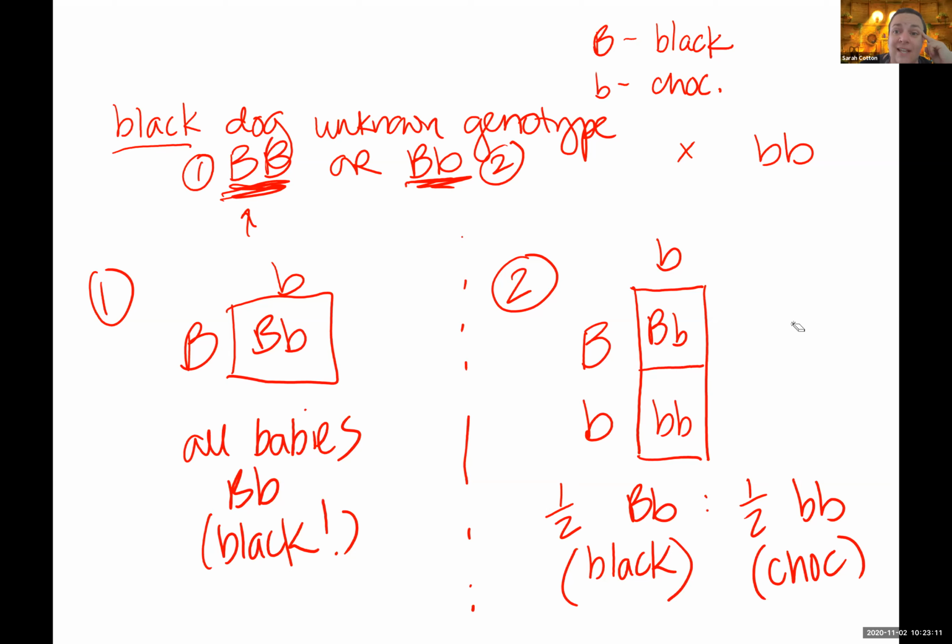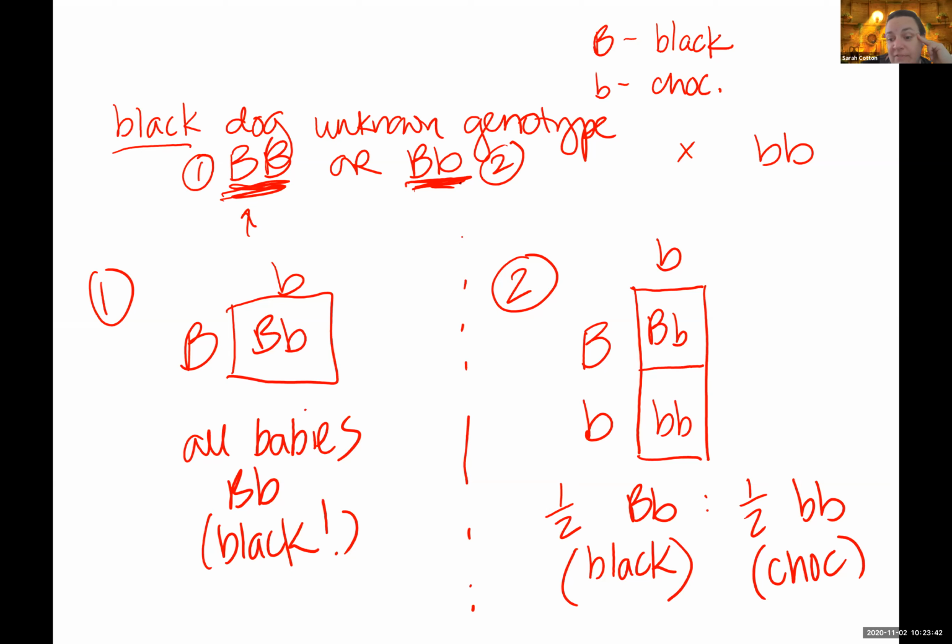Okay. Now let's say that we cross them and maybe the litter isn't as big this time. Maybe they only have 3 puppies, but one of the puppies turns out to be chocolate. That's an automatic giveaway that she is in fact heterozygous, because the only way to get chocolate puppies is if mom is at least heterozygous.